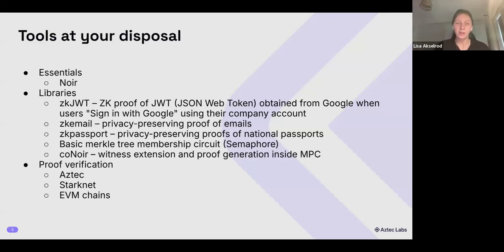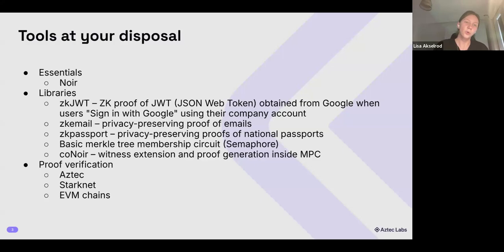ZK Email is the library that allows you to generate proofs related to information contained in emails. And then ZK Passport, privacy-preserving proofs of information that is contained in passports, such as name or country issuing the passport. And then basic Merkle tree membership proofs.